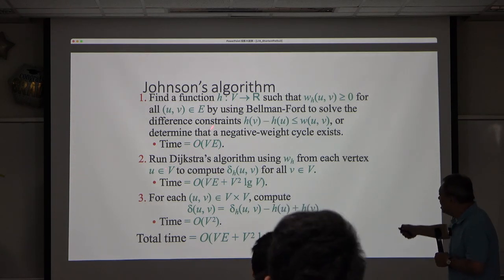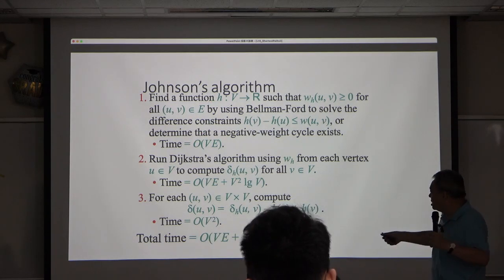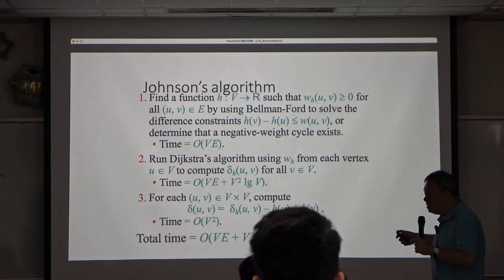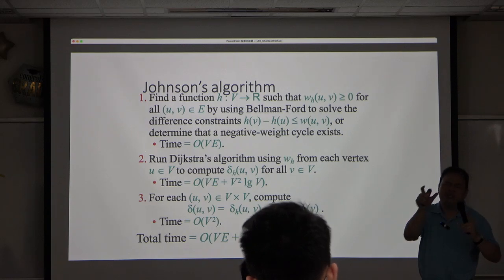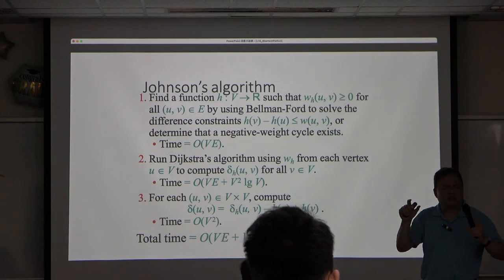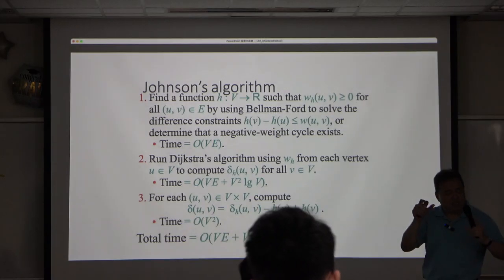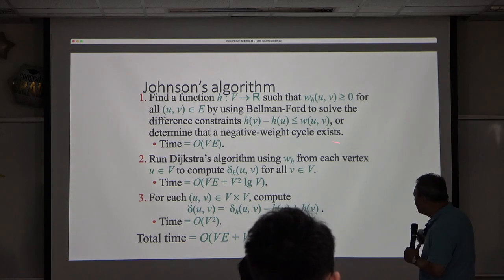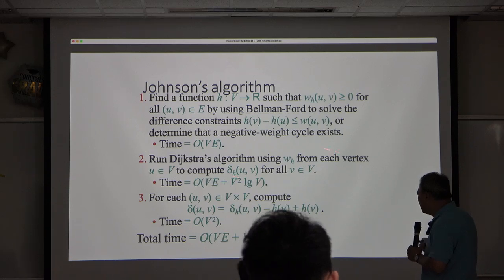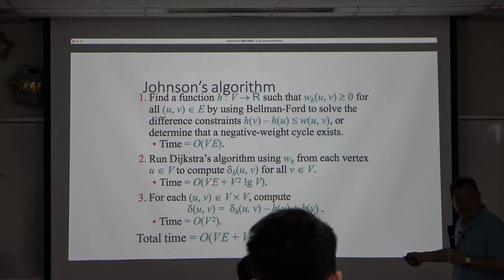And then after you change this, you just run a Dijkstra algorithm on this new graph, which is the same as the previous graph, but the weight of each edge will be changed. And we guarantee each edge weight is greater or equal to 0. Now, we run the Dijkstra algorithm from every node, so it takes this much time, right?